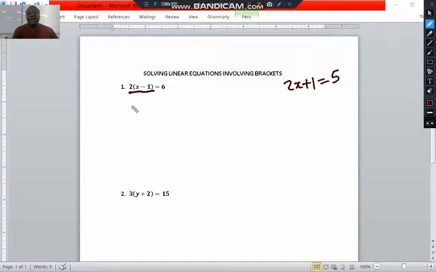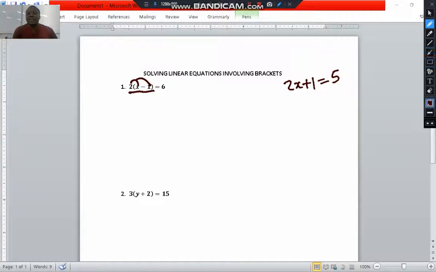The only thing that you need to remember is that the number outside multiplies each and every term inside the brackets. I'm going to say that again. The number or variable outside the brackets multiplies each and every term inside the brackets.